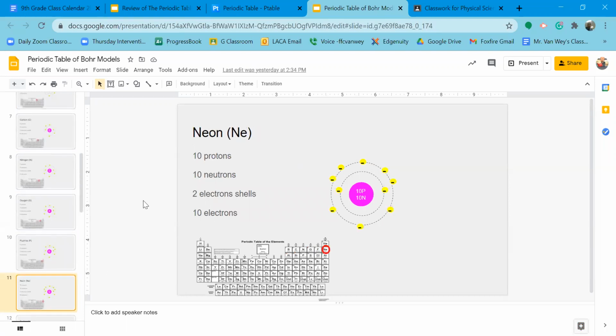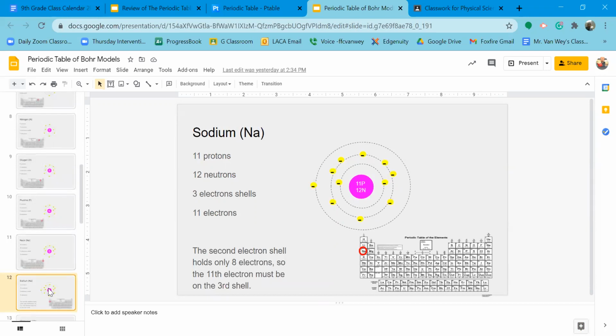Okay. So as we move to increasing elements with an increasing number of protons, the outer shell fills up. But the outer shell can only hold so many electrons. Once it's full, we start a new row.